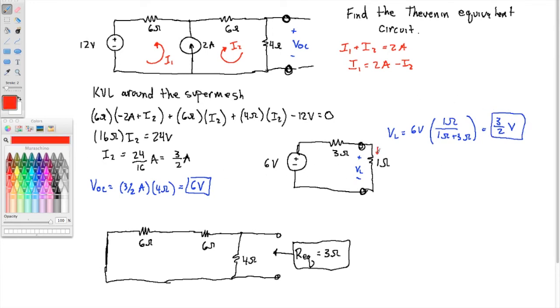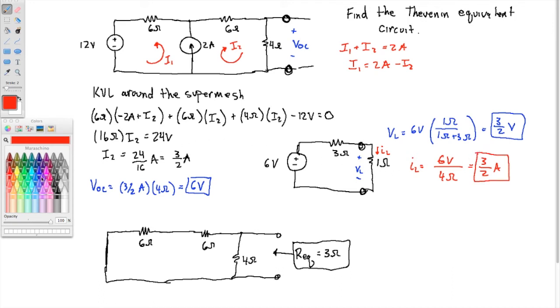How much current is that resistor going to draw? So IL is, well, I have 6 volts across 4 ohms. So that is also 3 halves, but that's 3 halves amps of current.